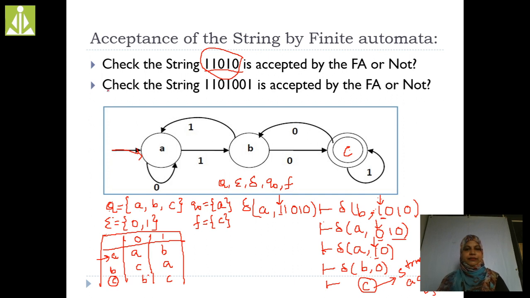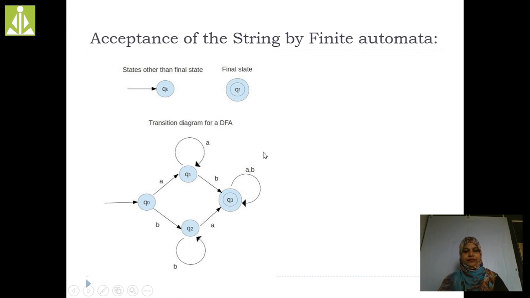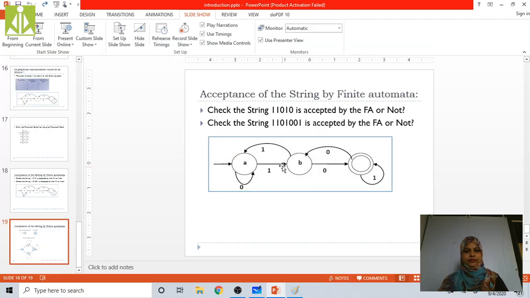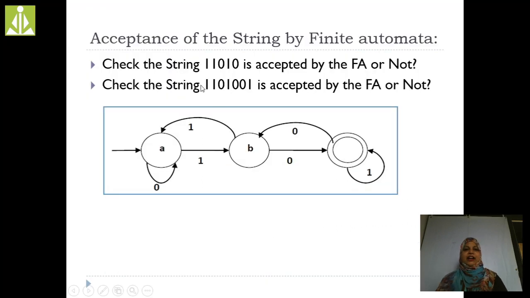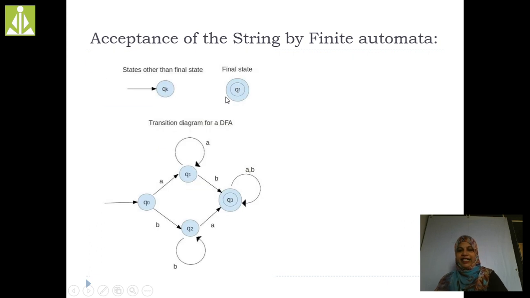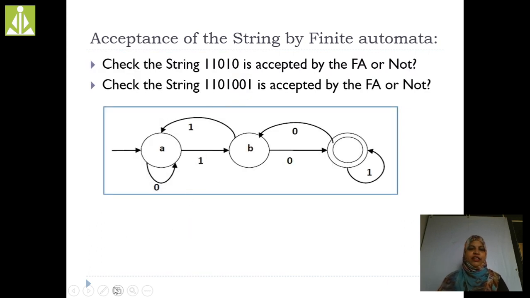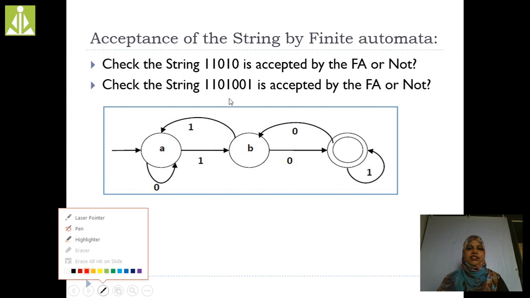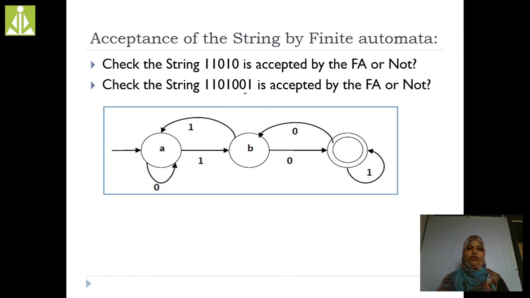See here, our next string is 110101001, with the same transition diagram.